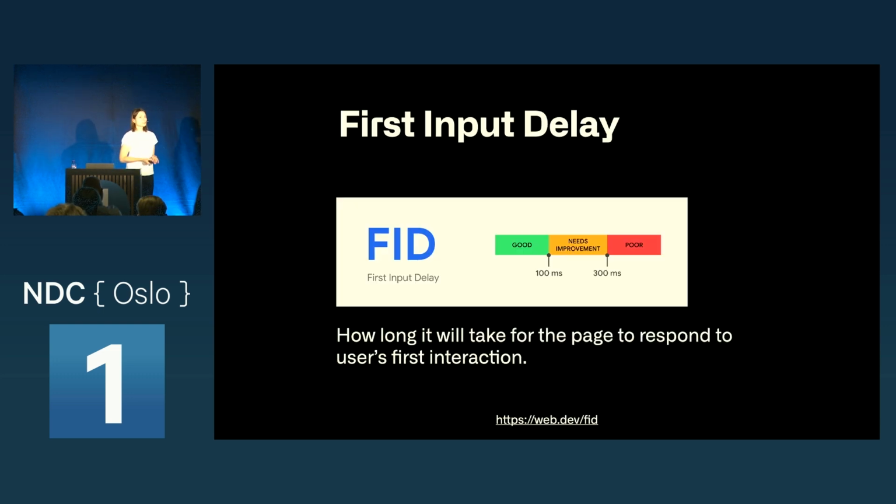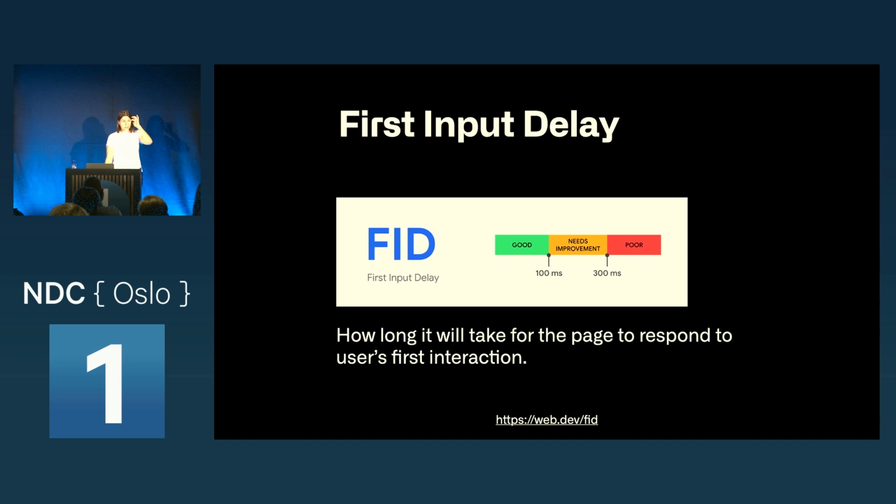As I said, this metric is going to be replaced soon. It says how long it takes for the browser to respond to the first interaction, so basically the first tap, click, or key press of the user.